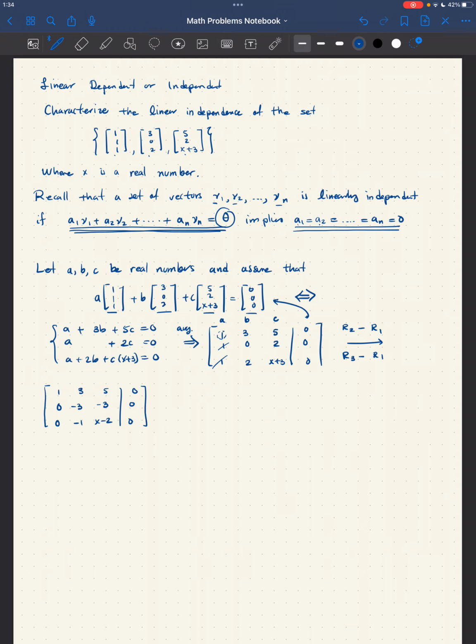I'm done with the first column, so I move to the second column. I select this as the one that's going to be my pivot. I'm just doing regular row reduction.